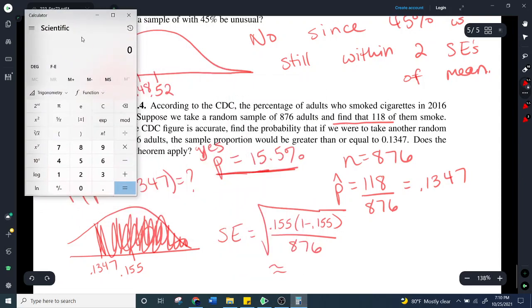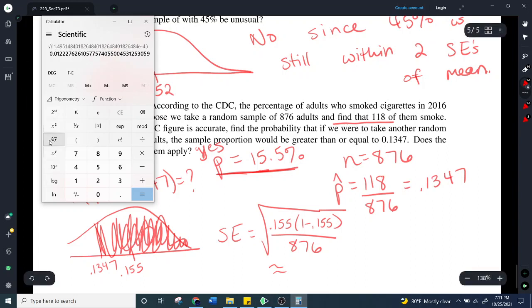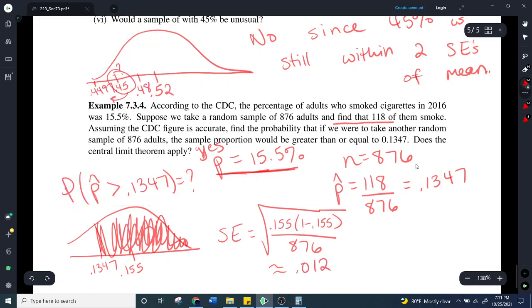You've always got to compute the standard error because that's the standard deviation you're going to use in StatCrunch to compute your probabilities. So times 0.155 divided by 876. And then we're going to take the square root of that number. I'm getting 0.01. I'm just going to round that off and say 0.012.